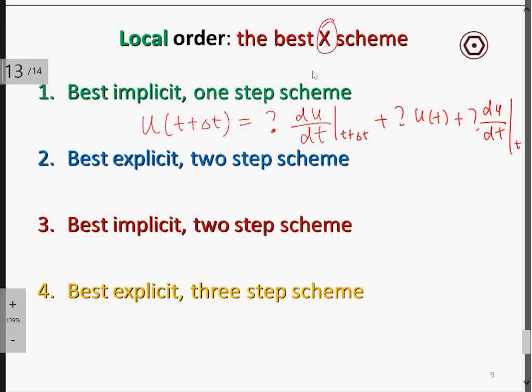This is the best implicit one-step scheme, and your task is to figure out what the coefficients are.